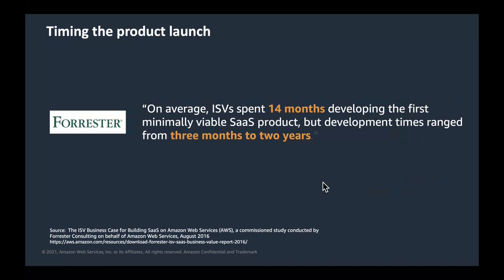But in our SaaS Factory engagements, specifically in the startup segment, we usually see an MVP launch time between 9 and 12 months. So it's usually shorter than what other organizations may see. Again, this depends on where you are with your product launch and how fast you can go through all the processes that we shared.